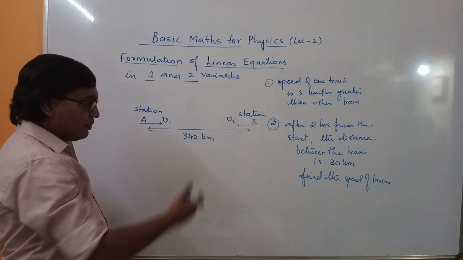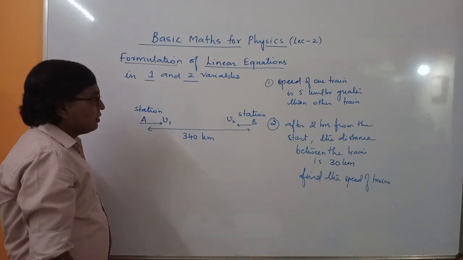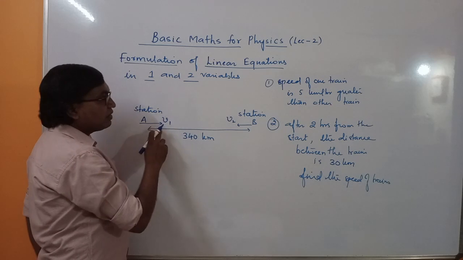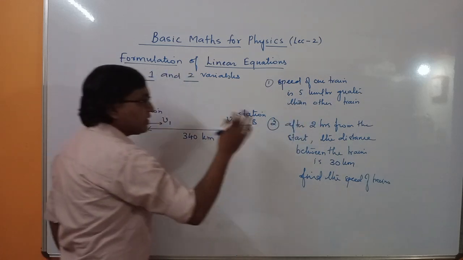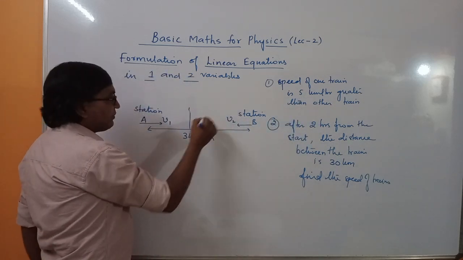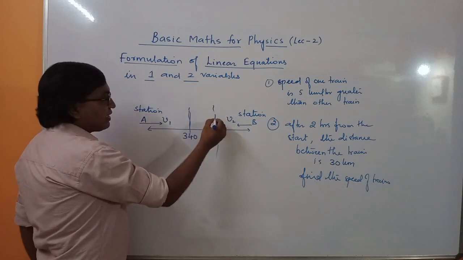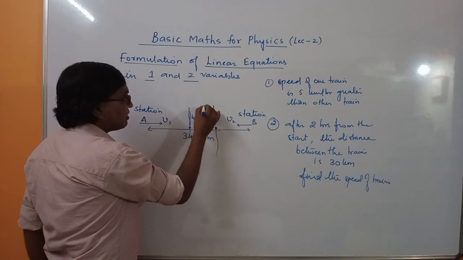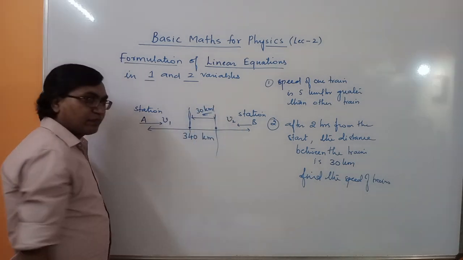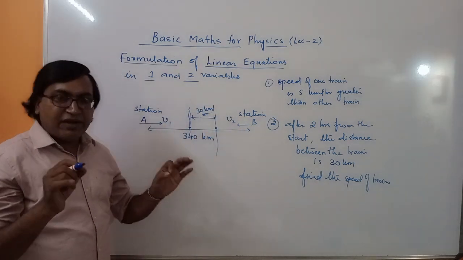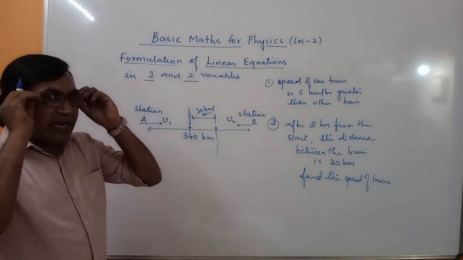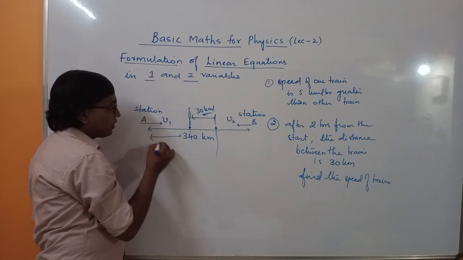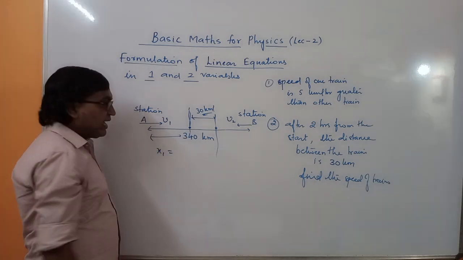So again now we will formulate the equations. To formulate the equations, see here the distance travelled. After 2 hours from the start, let us say this train came here and this train came here. The distance between them is 30 kilometers. Both the trains have travelled for 2 hours. So the distance travelled by train 1 is x1.